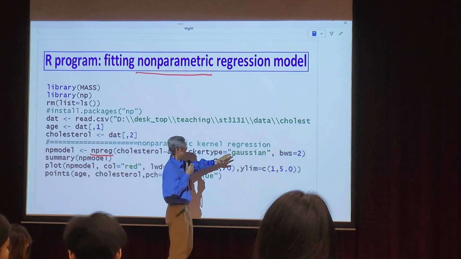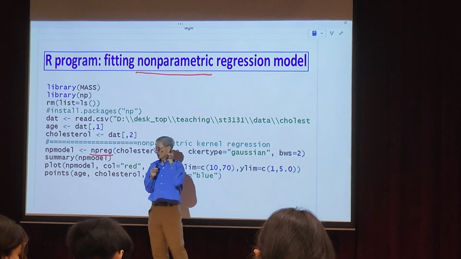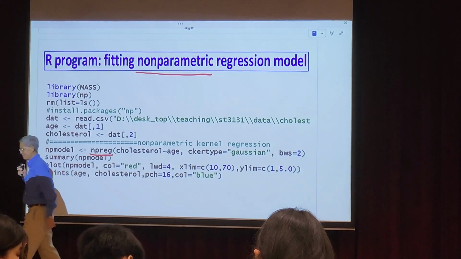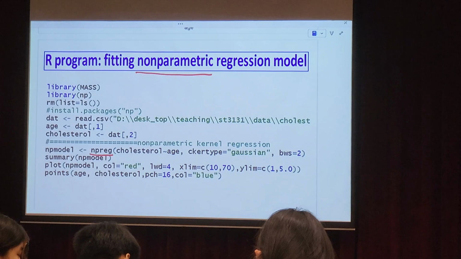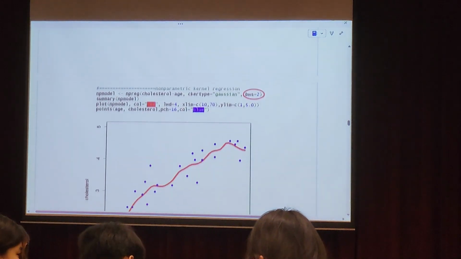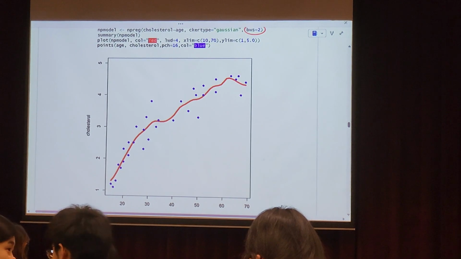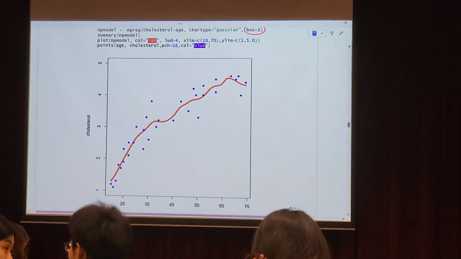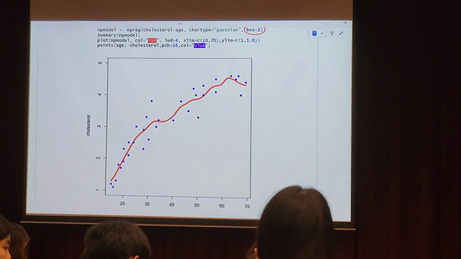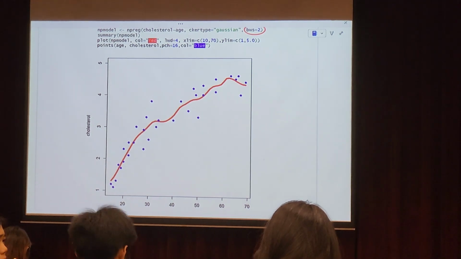And the weighting, I use a Gaussian, which I will explain a little bit later. And then this is the bandwidth. So I can do that. And I have a regression model fitted. So it is quite easy if you have this function.